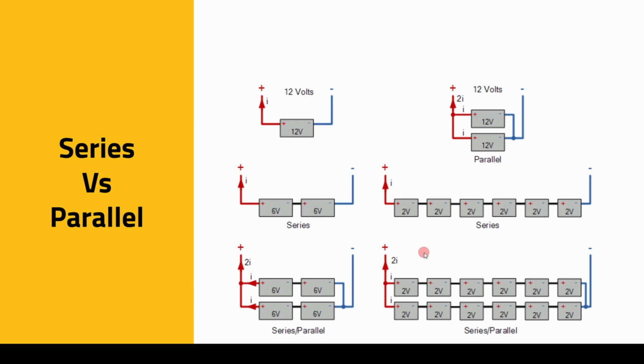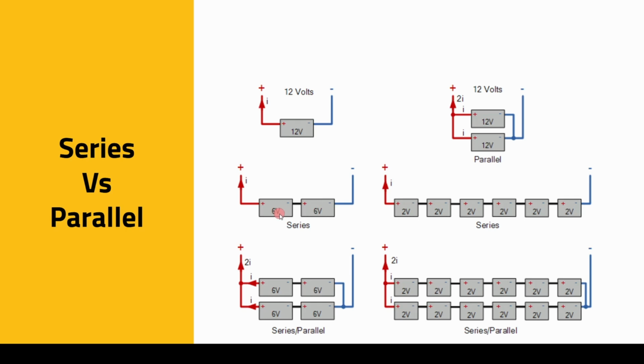And here is a little bit of a more complex example. Let us say we have a normal 12 volt battery, so it is going to give you 12 volts. If you have 2 6 volt batteries and you put them in series, you are going to get the same 12 volts, right. And if each of these 6 volt batteries has the same current capacity as a 12 volt, then the current capacity of this combination will also be the same.